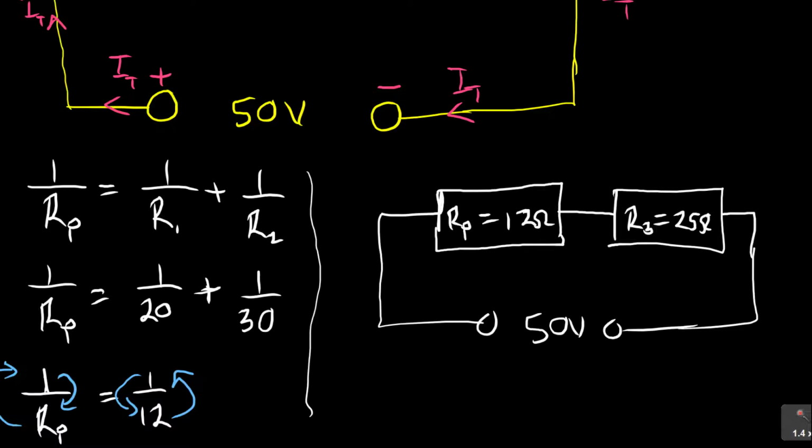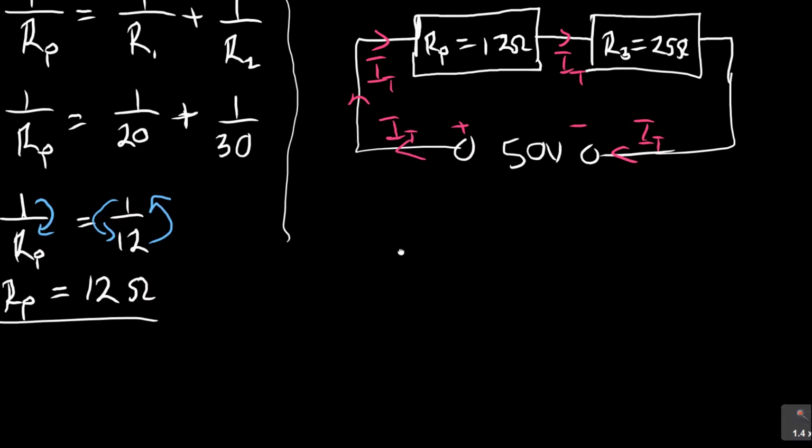So when you again follow the flow of current, this being your plus or minus, you can see IT here that is entering through the Rp is the same IT which is entering through R3, you can label it IT or R3, it's up to you, and it's IT. So since it's the same current flowing, these two are now in series. Are you seeing that? So now, how do you solve these two resistors in series?